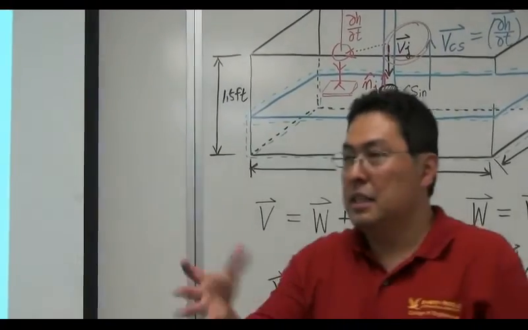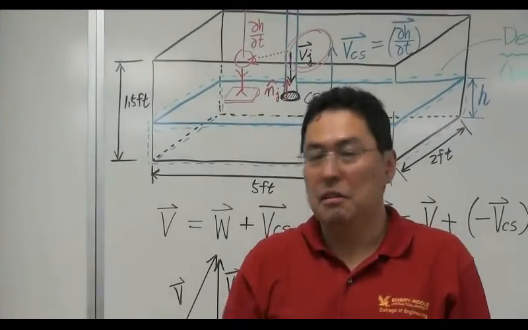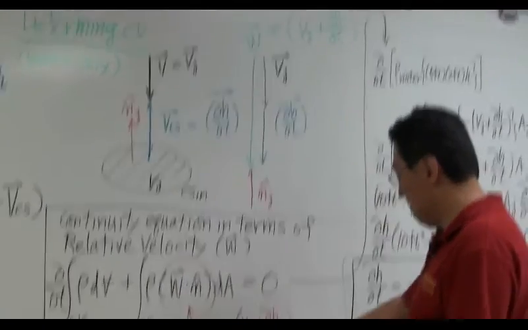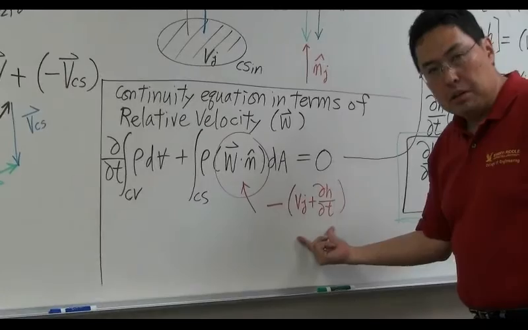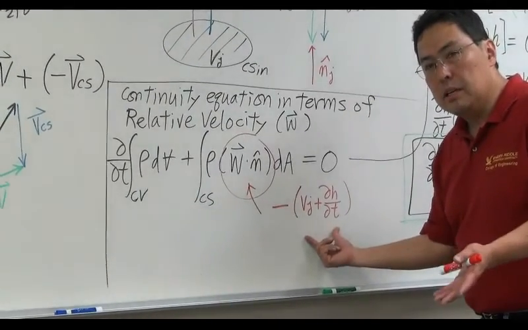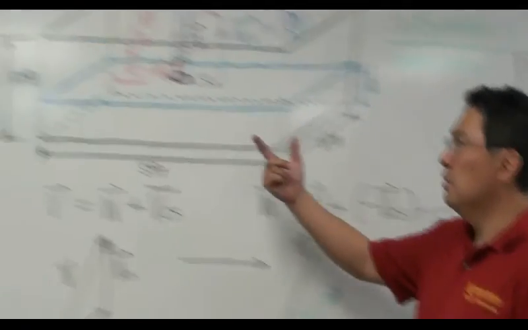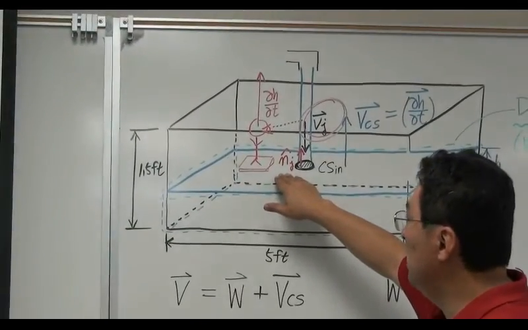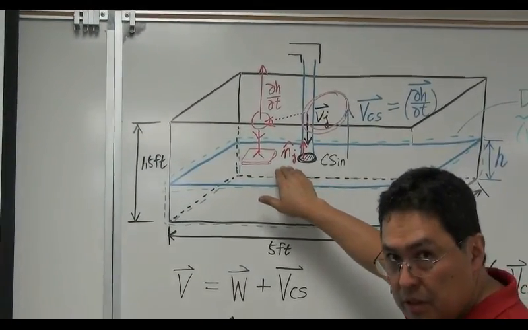So what is the actual velocity you feel? The velocities adding together, right? This is relative velocity, relative to the coordinate which is attached to the moving control surface and moving with it. Okay? So that's called relative velocity.